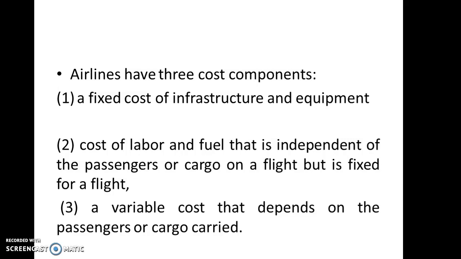The third point, variable cost, depends upon the cargo and passengers carried. Here it depends upon the number of passengers actually boarded in the aircraft and the cargo level, so that the airline can maximize their profit.